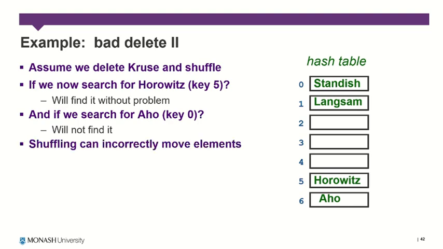It will go to position 0, then linear probe via 1 and 2 and wouldn't find the item. So even though we fixed one of the issues, the other keys were moved from their correct position into incorrect positions. So shuffling can incorrectly move elements.